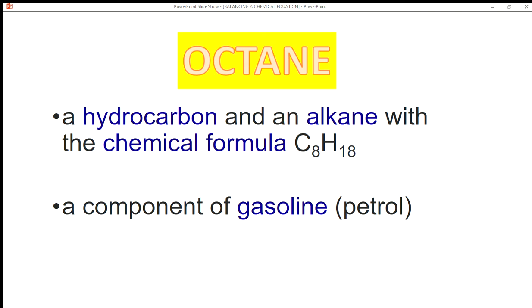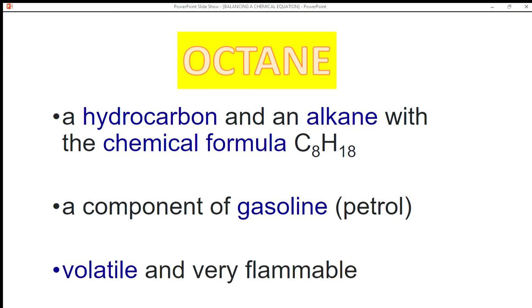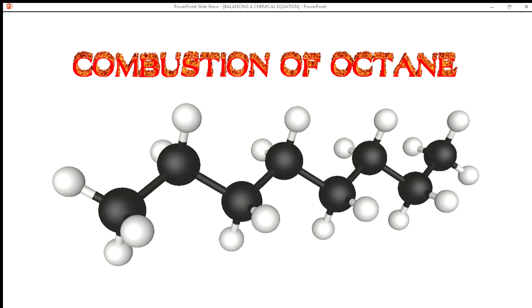Since octane is a component of gasoline and petrol, of course, octane is highly flammable, and also highly volatile. So right now, we're going to have a look at what happens to octane when it is combusted.